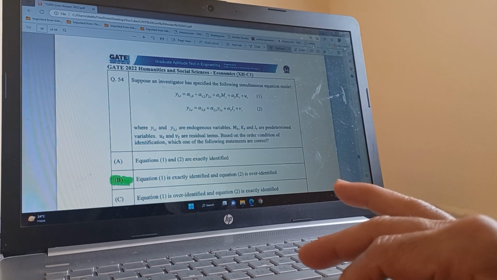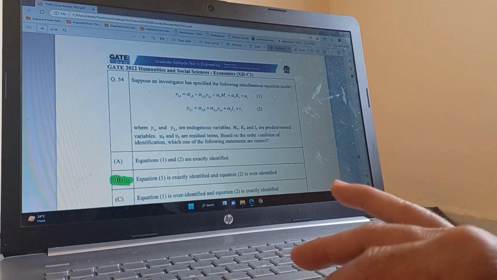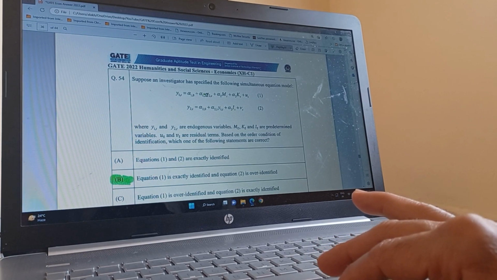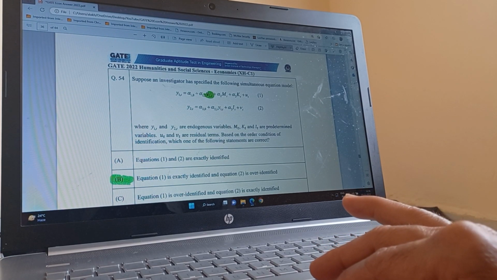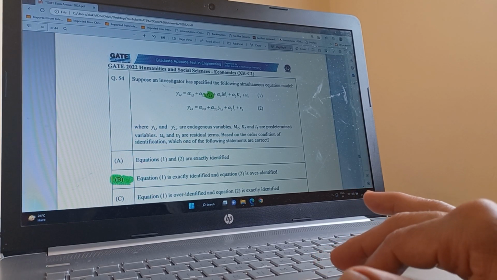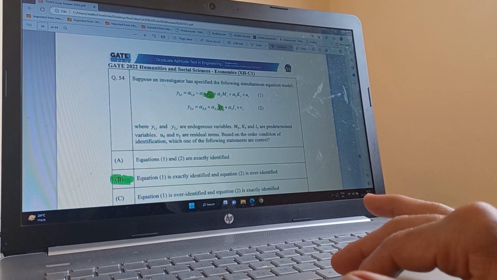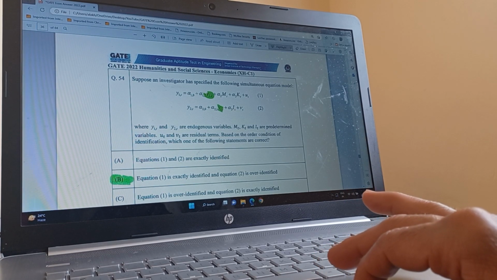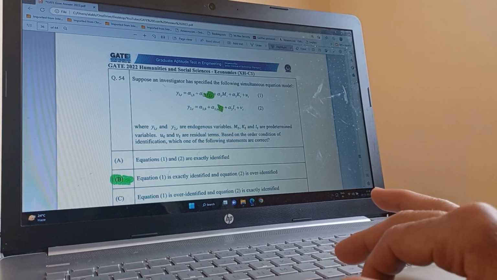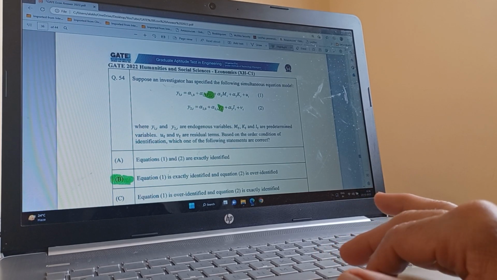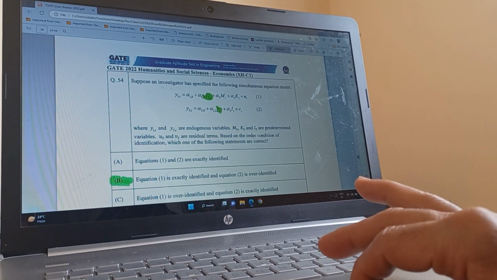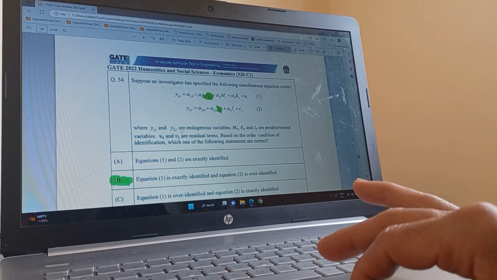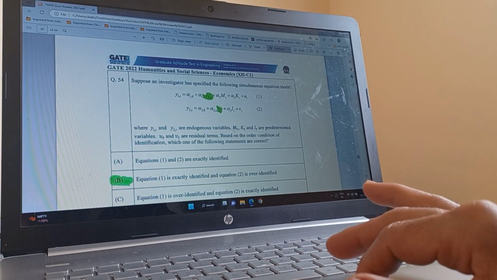Here you see that y1t is a function of y2t, and y2t is a function of y1t. So y2t can be substituted here, or y1t can be substituted by this value. That is to be noted, where y1t and y2t are the endogenous variables.